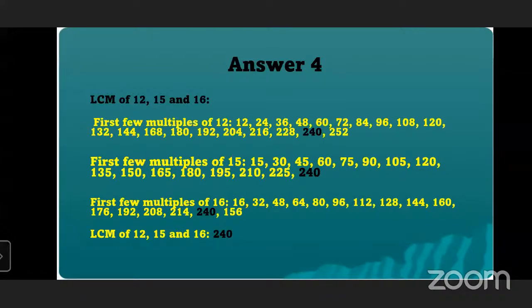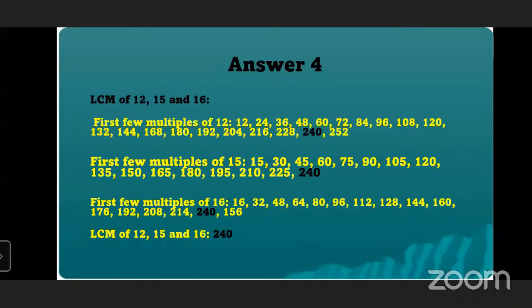So 120 is not our LCM because it doesn't come in the table of 16. So we have to increase the multiples. And when we increase our multiples, what do we get? We get 240 in both the tables. Right?